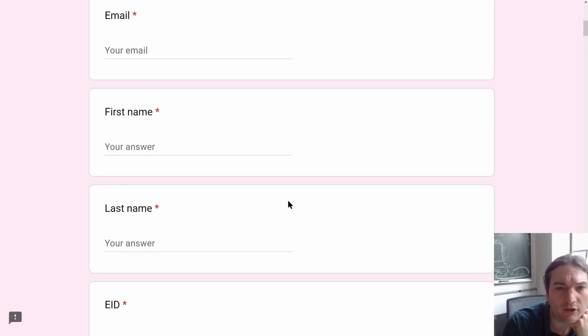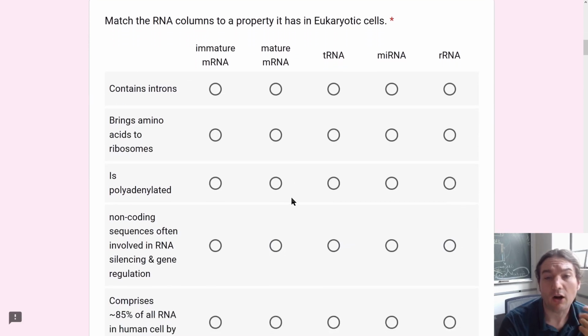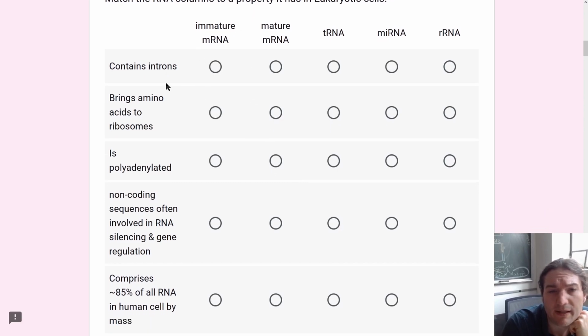The first question has you go through different RNA types just as a refresher of what they are. So the first one says contains introns. tRNA, microRNA, and ribosomal RNA are all non-protein coding sequences, and unless maybe they occasionally end up getting translated for some reason, they shouldn't have introns.